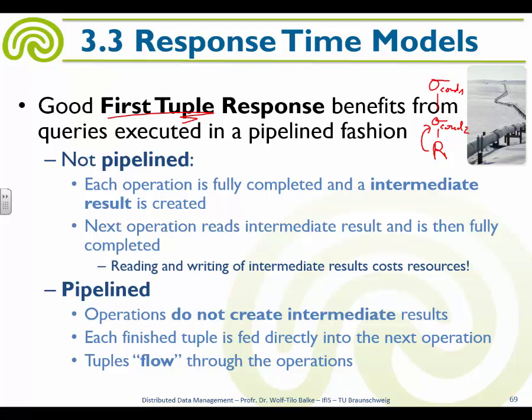Now what I could also do is I could give a single tuple to condition 1, and being completed with a tuple, I could immediately hand it on to the second selection and even output it to the user, and then get the second tuple from R and immediately hand it on, right? So either I do that tuple-wise, which is called pipelining.